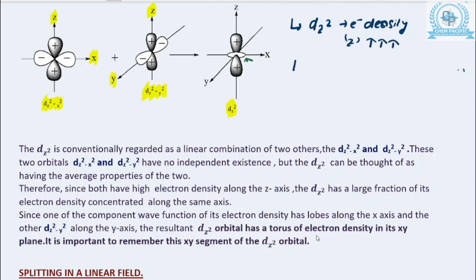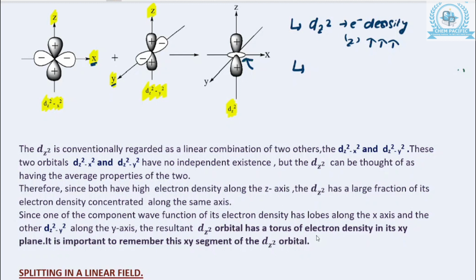Clear? But at the same time, you can see there is a torus. There is a torus. ठीक है, इसे कभी भी आप इग्नोर नहीं कर सकते हो. ठीक है. Now you see that ये जो orbital है, इसका एक segment, एक component is lying along the x-axis, और ये जो है, it is lying along the y-axis.